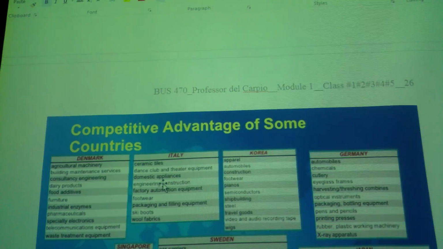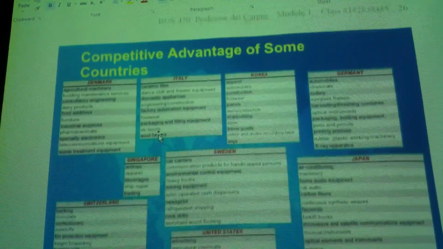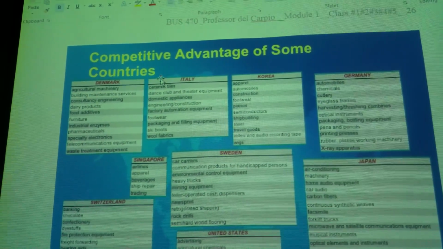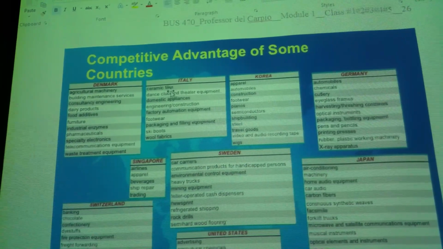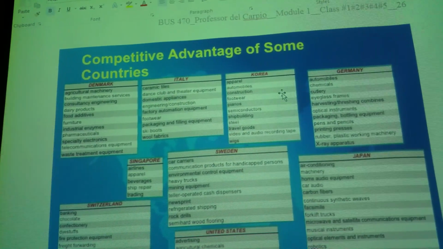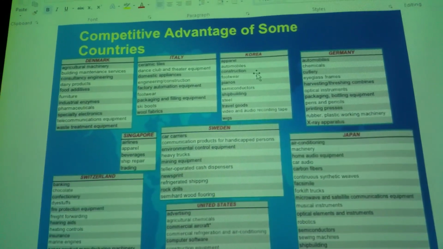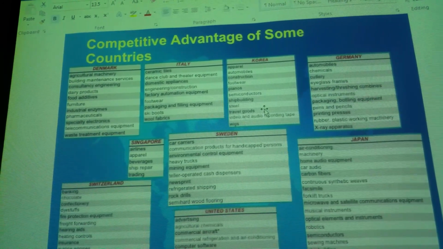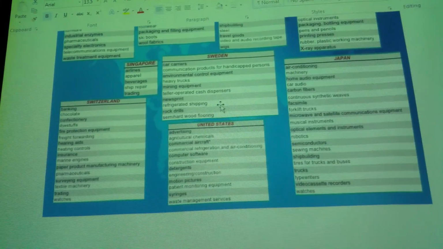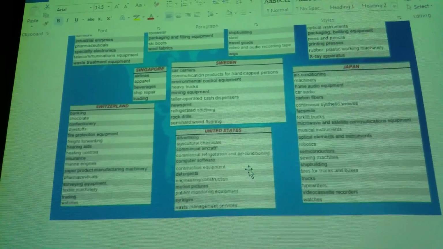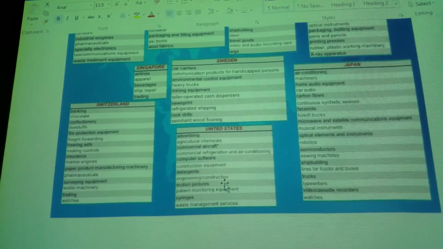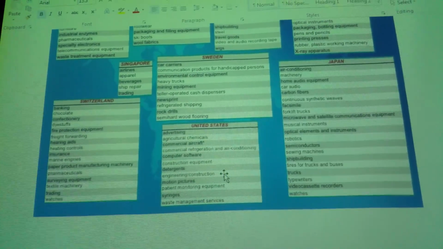And I think some countries: Denmark, Italy, I was talking about the ceramic tiles, right? Korea, apparel, automobiles, Sweden, Japan, USA advertising, motion pictures, detergents.